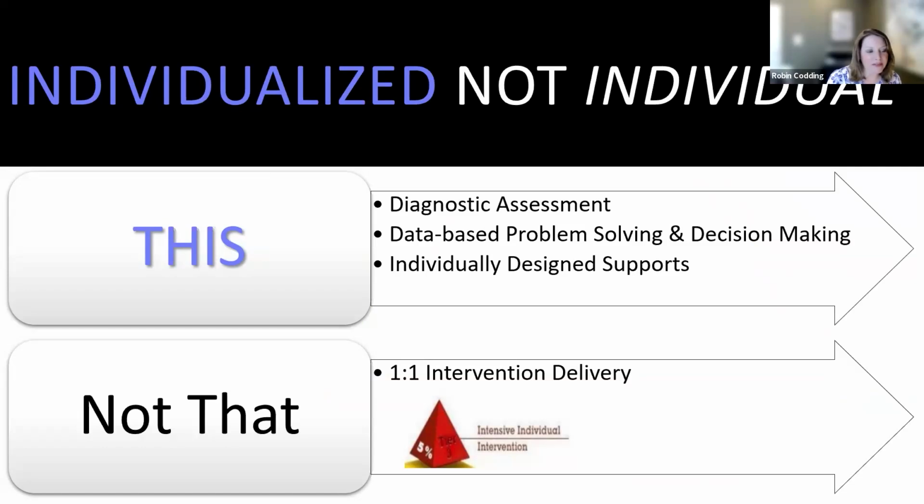It is about individualizing student supports based on their needs. What we should be doing, and what our conversation will be about today, is diagnostic assessment, database problem solving and decision making, and individually designed supports. It is just as effective and more efficient to use small groups for service delivery. The point is that we are tailoring that support to individual student needs, not that we're providing one-to-one intervention delivery.